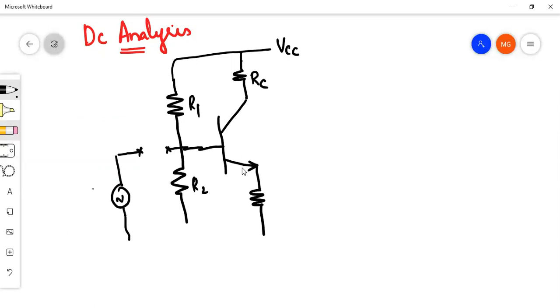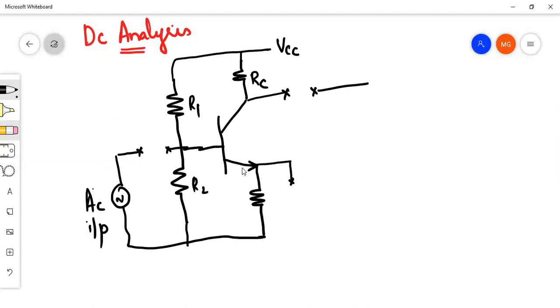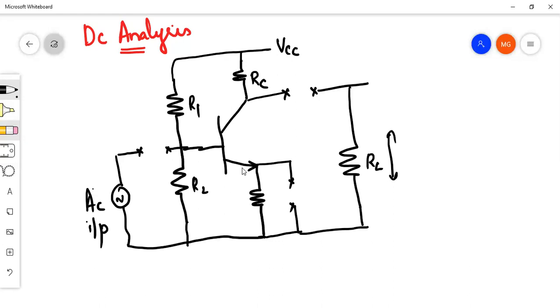The AC input signal is there in the drawing but we do not consider it. The output capacitor is replaced, and the emitter bypass capacitor is replaced by an open circuit. The load resistor is where we calculate the output. Yes, this is our circuit, with C in, C out, and the emitter bypass capacitor.